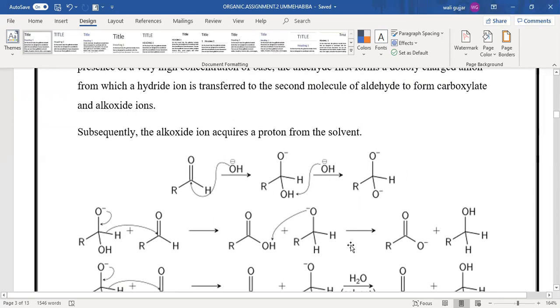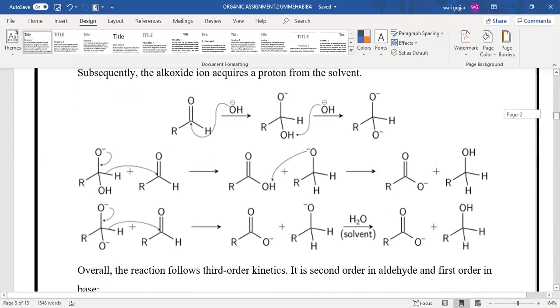Like in this reaction, you can see all of these steps take place, and subsequently the alkoxide ion which is produced acquires a proton from the solvent.